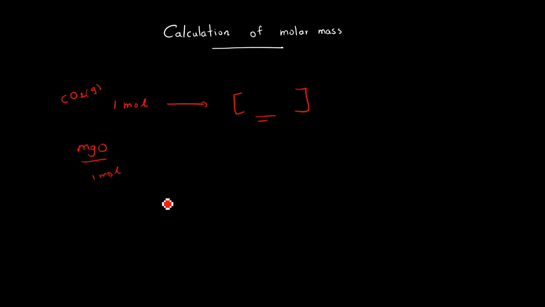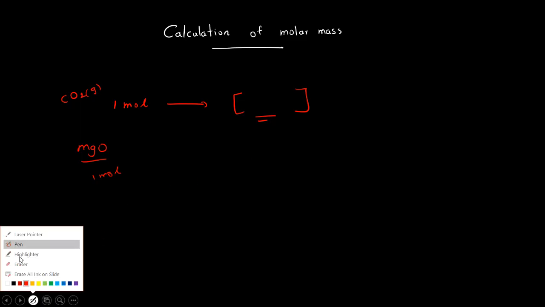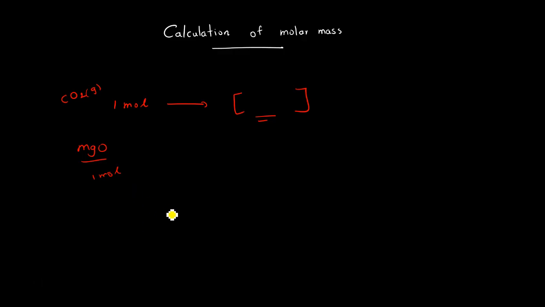Based on this definition, we can derive an equation. Here, look at this. Let me take yellow color. So molar mass, which we denote by capital M, is equal to the mass, normally taken in the SI unit of grams, over moles.